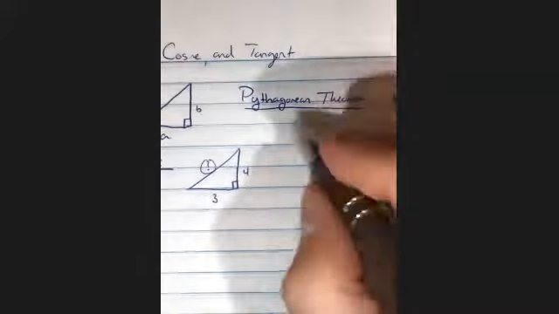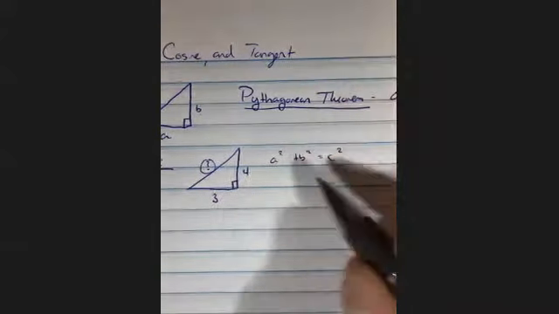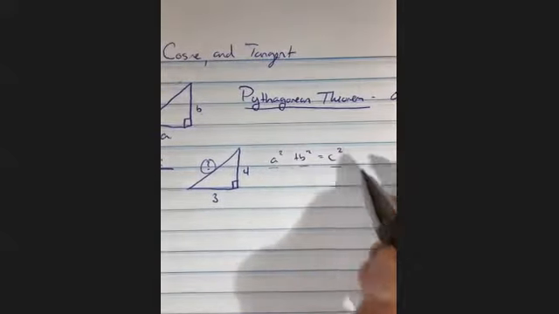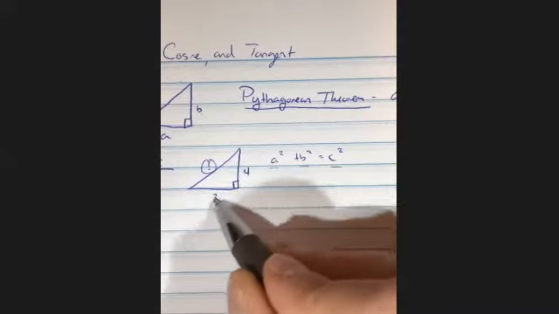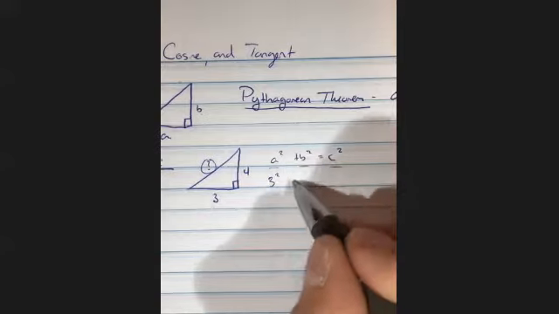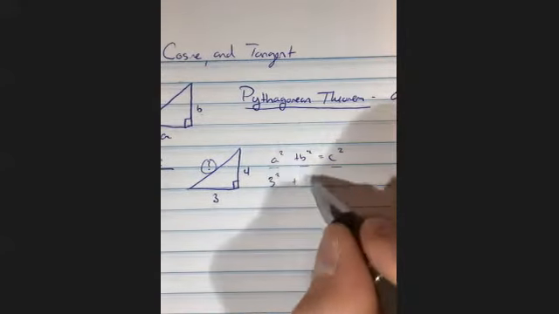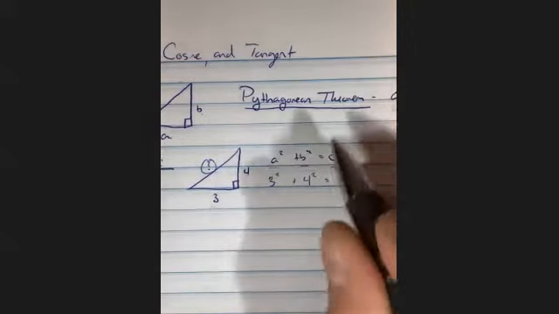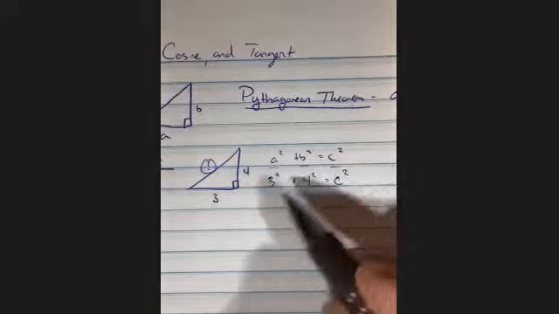Well, according to the Pythagorean theorem, a squared plus b squared is c squared. I know that 3 is one of the legs because it's adjacent to my right angle, so it's 3 squared, plus my other leg, 4 squared, is equal to the hypotenuse, which we don't know, so I'll leave it as c squared.